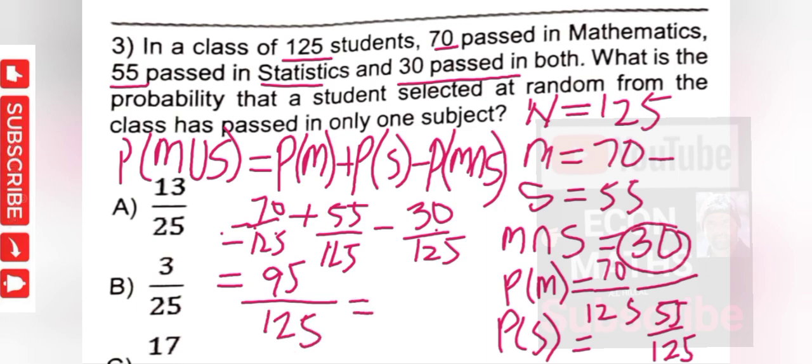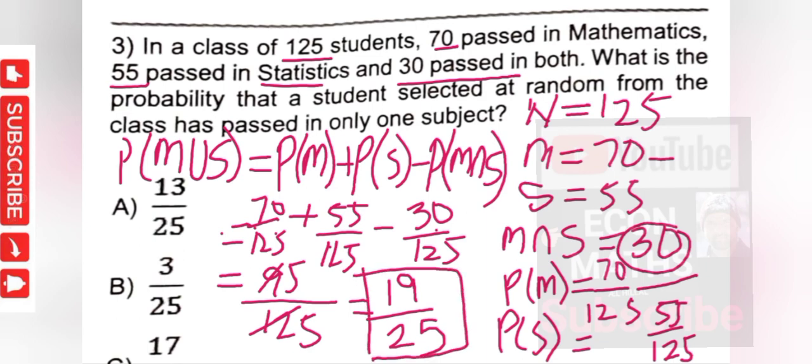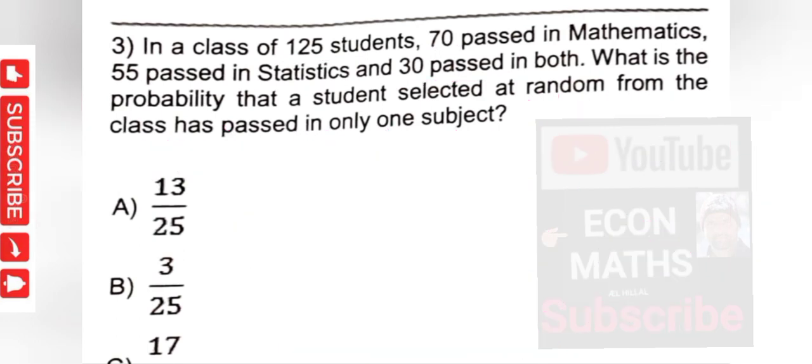When solving this, 5 ones are 5 and 5 nines are 45, divided by 5 twos are 10 and 5 fives are 25. So I guess 19 divided by 25 is the correct option. Since option D is not available here, I guess 19 divided by 25 is the correct option to this question.